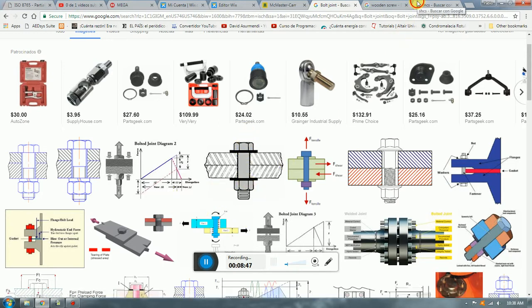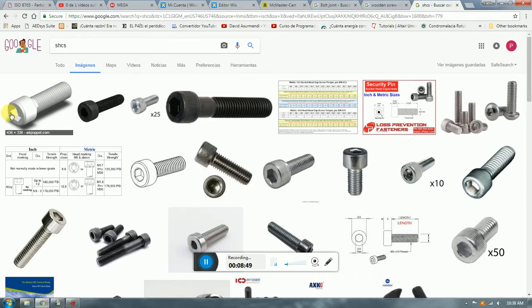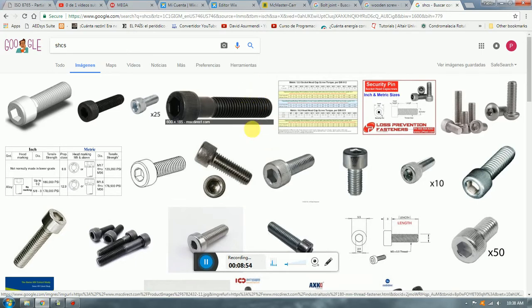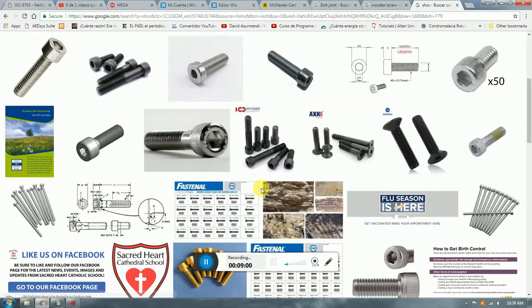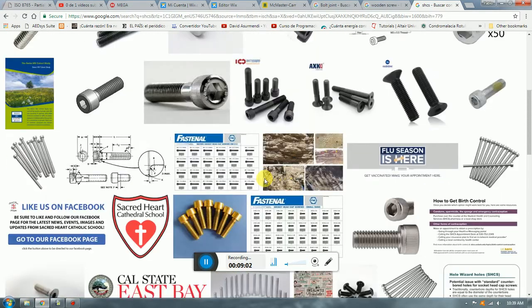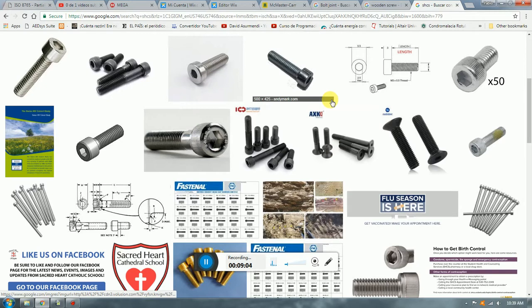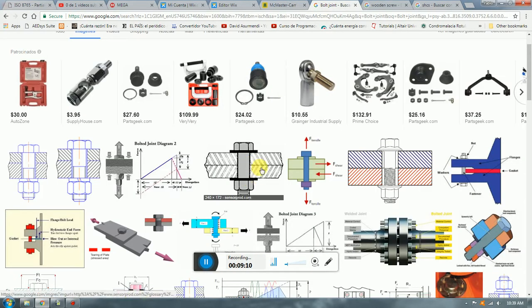With the screw, you have to tighten it from the head, because the screw is not designed to use a nut. It's designed to be tightened into a tapped hole, which is a threaded hole that you make in a part. So the screw threads directly into the clamped part, while the bolt uses a nut.